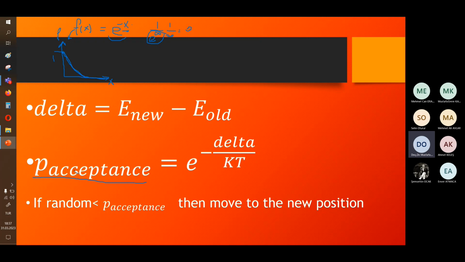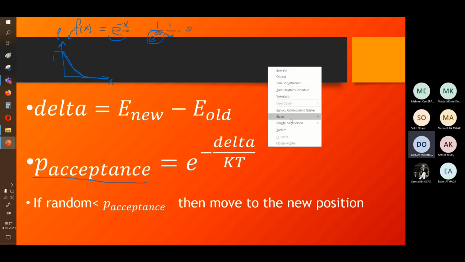So the acceptance threshold is a function of temperature. And also it depends on delta, and K is a constant number. So let's not talk about it for the time being.